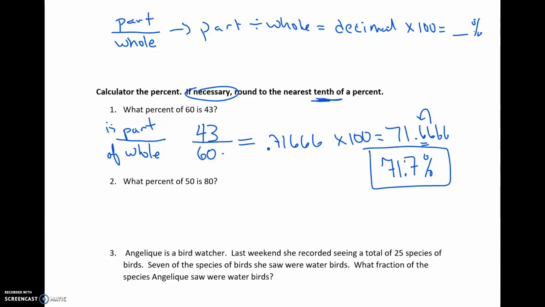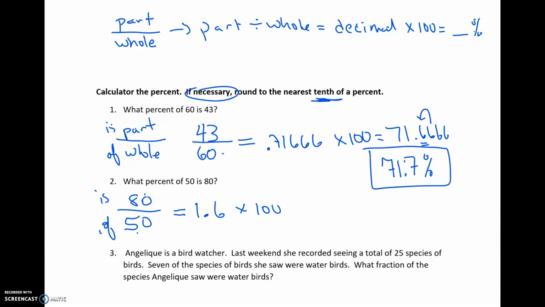Alright, let's look at a second example. What percent of 50 is 80? So this is the case where they actually are taking the larger number on top. What percent of 50 is 80? Since 80 is larger than 50, my percent is going to be over 100%. So when I divide that out, 80 divided by 50 on my calculator, I end up with 1.6.